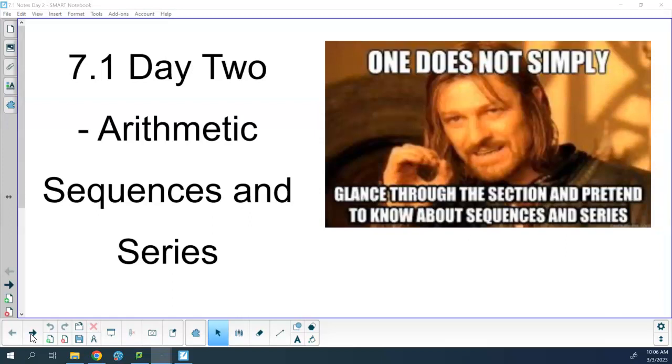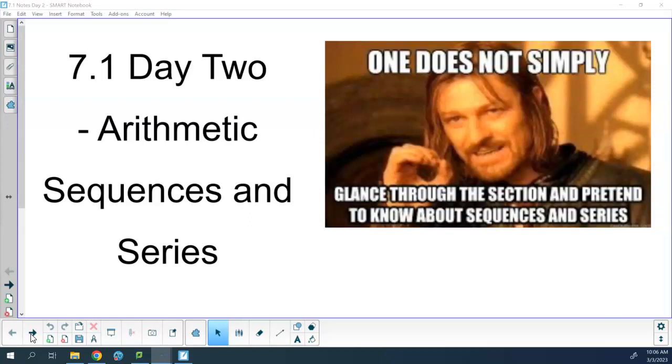Yesterday we ended class on finding the rule given certain conditions. The first condition was that we had the first few terms of a sequence, and I asked you to find the rule and then find a specific term. The next style was one specific term in a sequence and the common difference: find the rule and a different specific term.